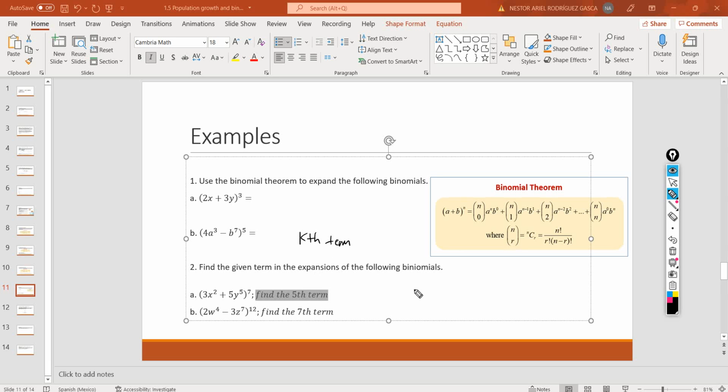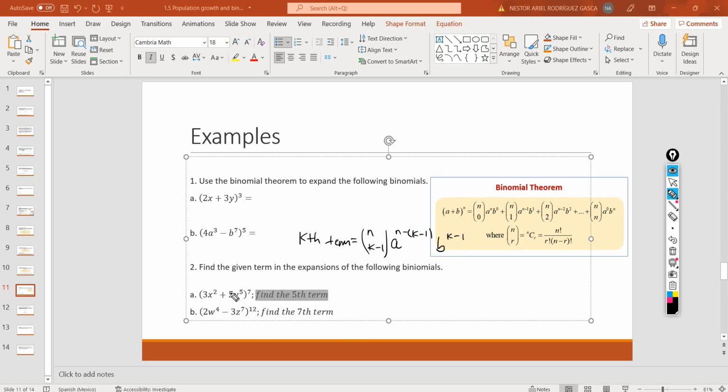That kth term will be given by n choose k minus 1, a to the n minus (k minus 1), times b to the k minus 1. I know it may look like a difficult formula to learn, but you can actually deduce it by paying attention to the binomial theorem, like we did in class.